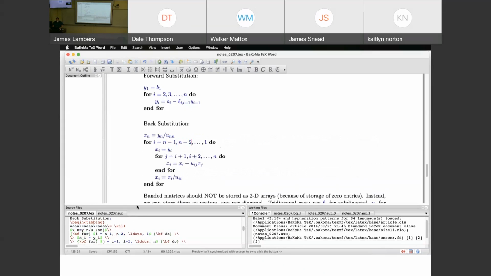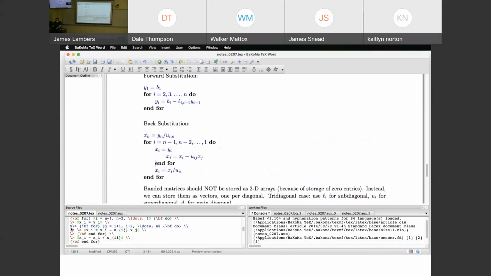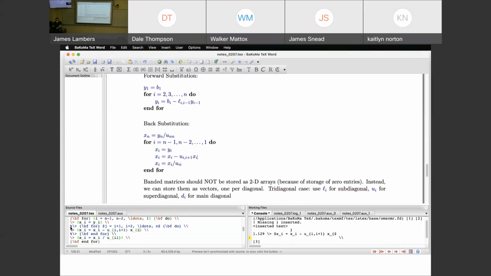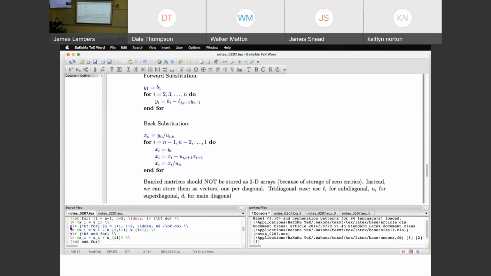And now in this loop, I can get rid of the inner loop. And wherever I see j, I can set it equal to i plus 1. And then here, I can just combine these statements for the sake of efficiency. So x_i is equal to y_i.